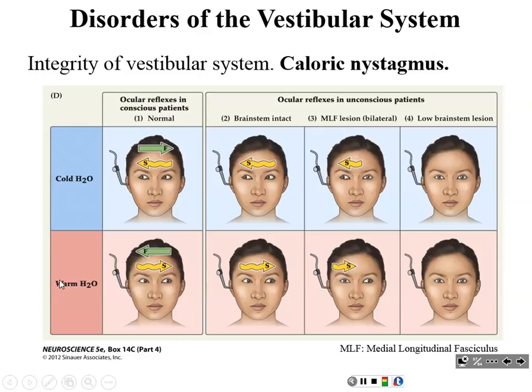Basically, what you're doing with the cold and the hot water is changing the density of the endolymphatic liquid inside the semicircular canals. And by increasing or decreasing the density, basically you're increasing or decreasing the firing rate of the semicircular canals, and that is sensed by the brain as moving of the head, even though the head is not moving.